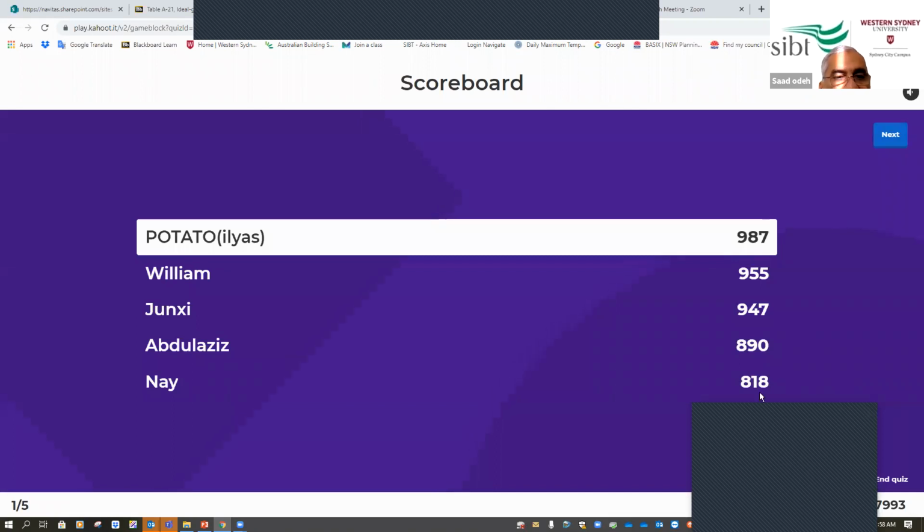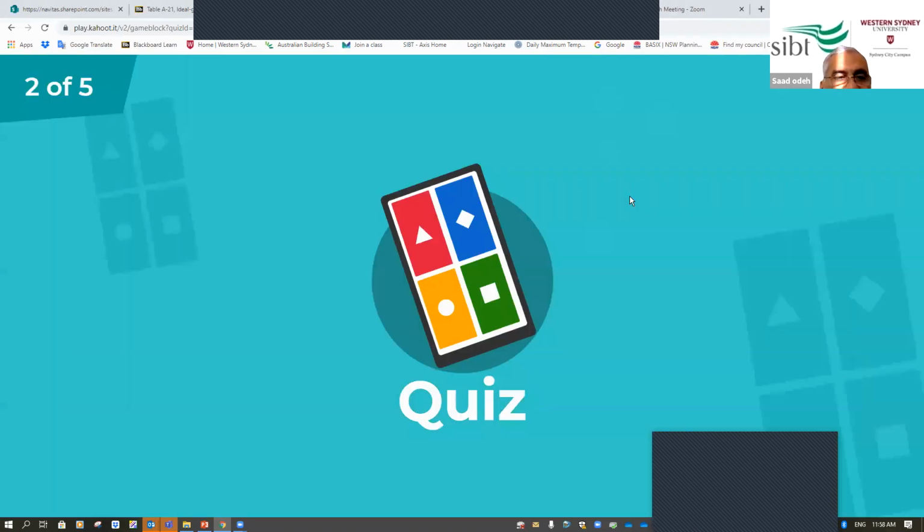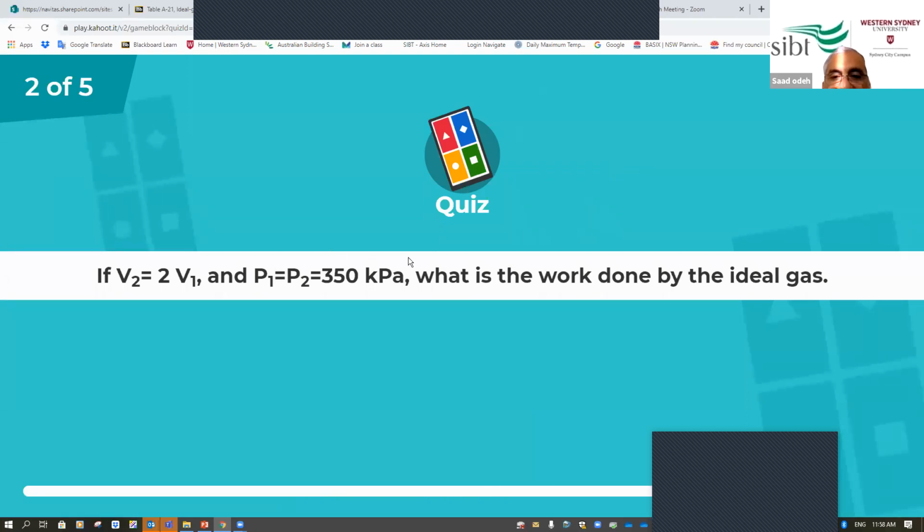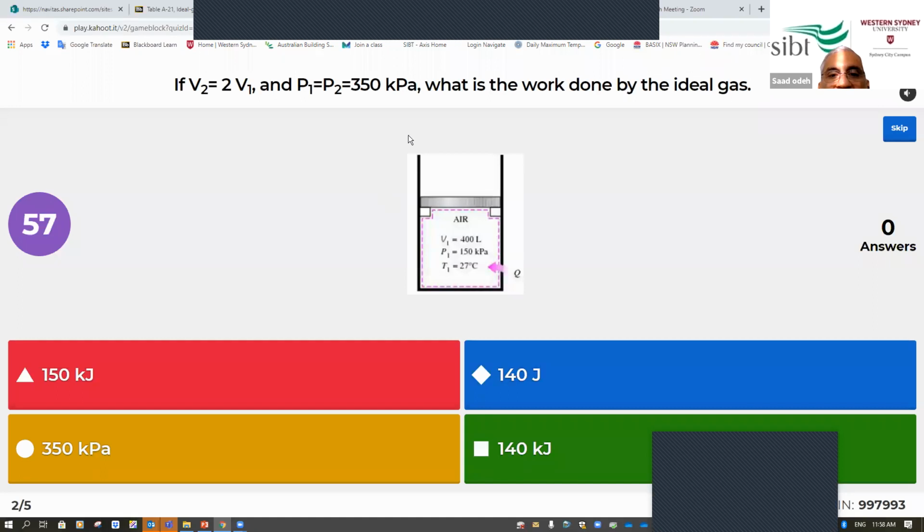Okay, so we have Elias at the top. We'll see now. So again, work done by the ideal gas. The pressure is constant.